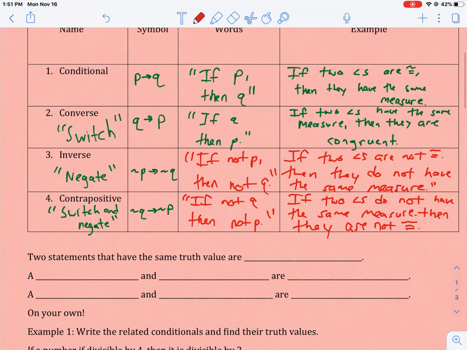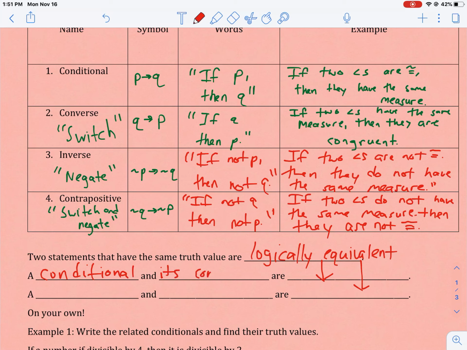Okay? So two statements that have the same truth value are called logically equivalent. You're going to fill this blank and this blank in with that. So a conditional and its contrapositive are always logically equivalent.